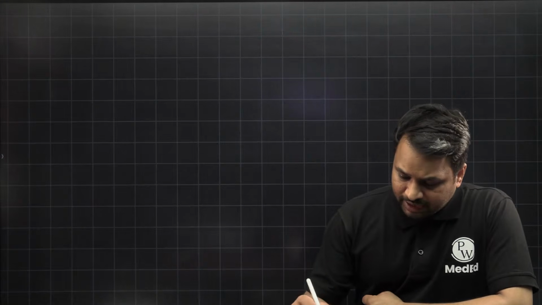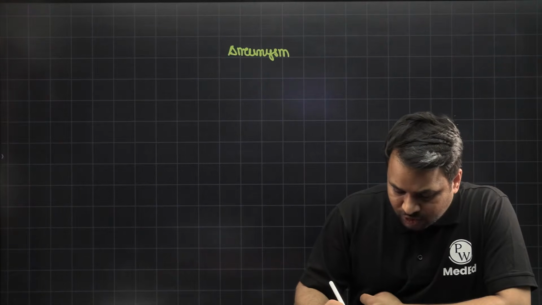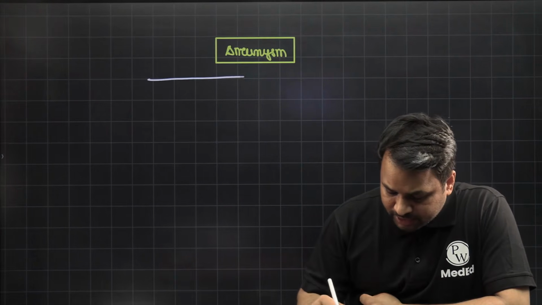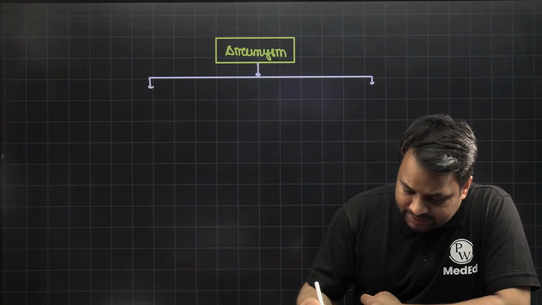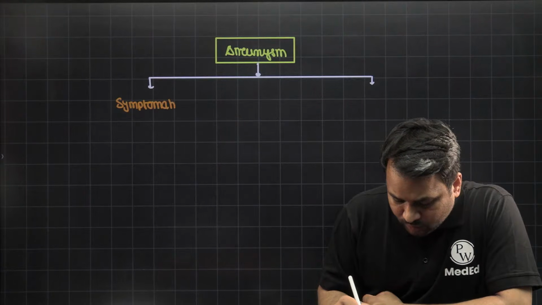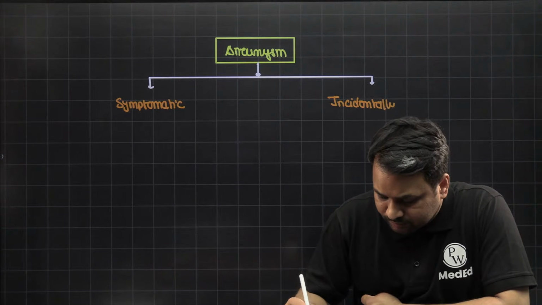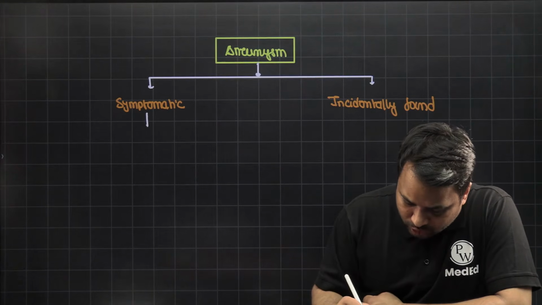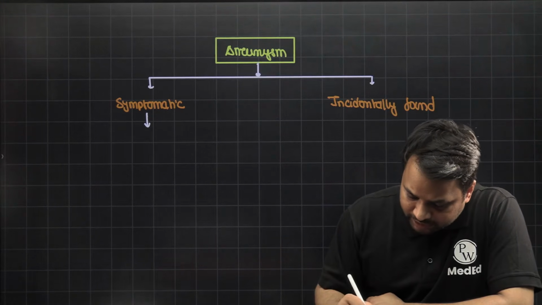Now, whenever we talk about any aneurysm, any patient comes to you with aneurysm, either the patient is symptomatic or incidentally found. If the patient is symptomatic, then there is no argument. Here you have to go ahead with repair. You take the patient for repair.